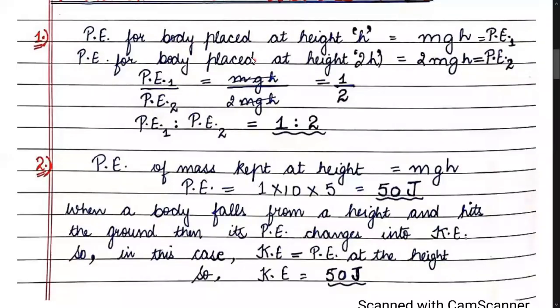So question number 1 is: two bodies of equal masses are placed at heights h and 2h. What does it mean?